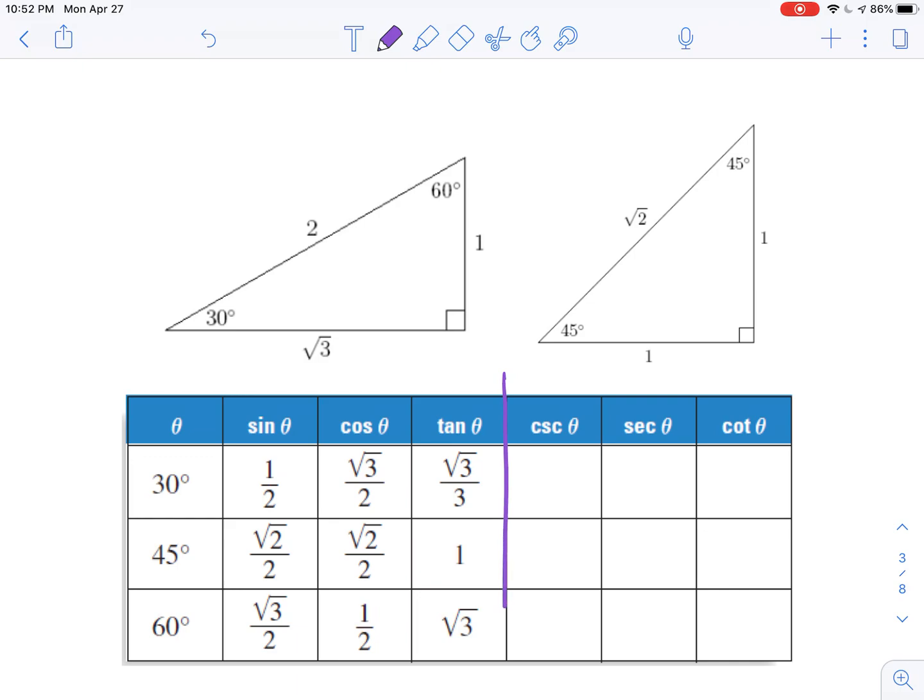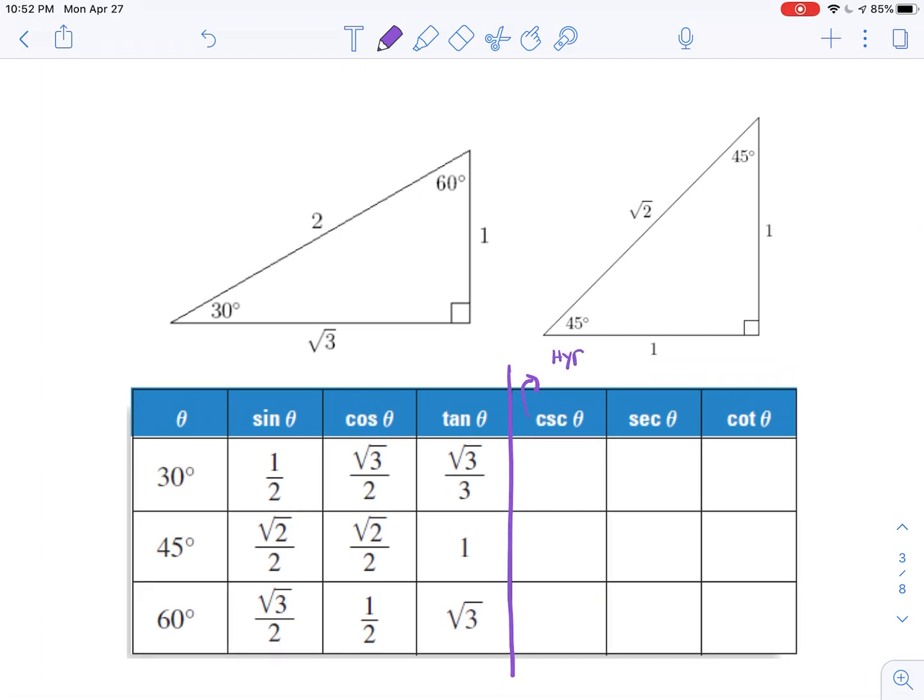Okay, so what have we looked at? Well, we definitely calculated the first half of this chart, right? We did sine, cosine, and tangent for all of my special angles, my 30, my 60, and my 45. We're going to do the same thing now with our reciprocal trig functions, okay? So my cosecant, remember, is the reciprocal of sine.